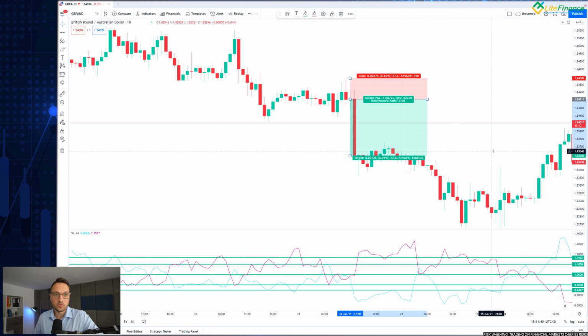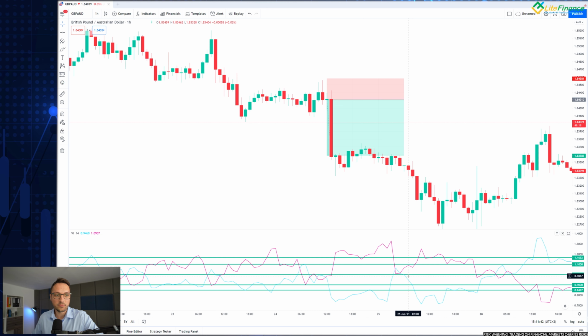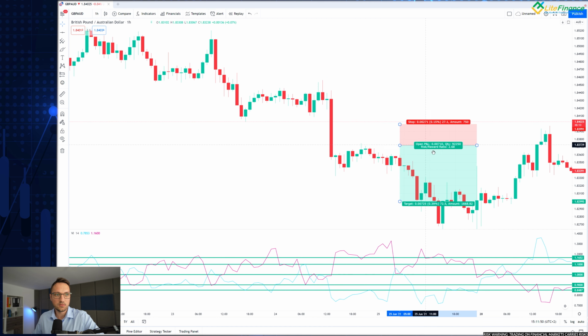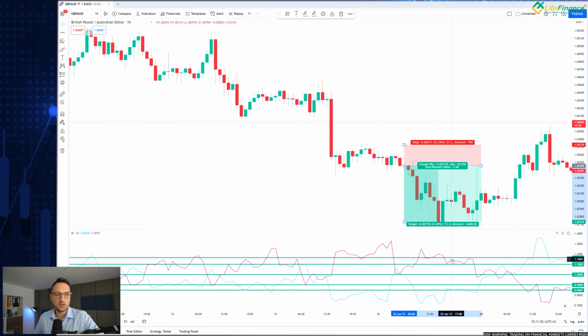So now let's go further for another example. We have again a crossover here. So we have entry on this doji candle right here. And again, we have the exit point. We could exit either on this candle or this candle.